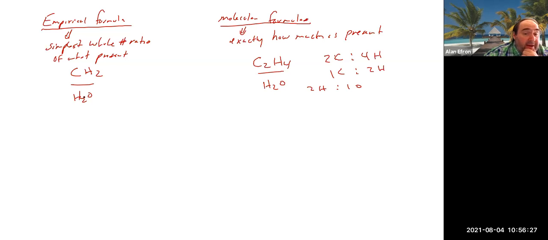We also talked about how you calculate the empirical formula. So the steps to calculate the empirical formula were some basic steps here. If you're given that percent composition by mass, you want to convert that into grams. You then want to convert those grams into moles of each element.